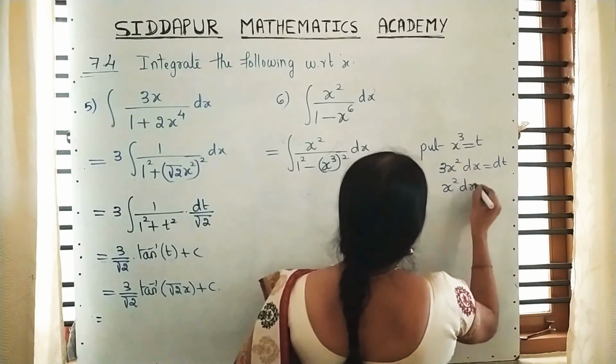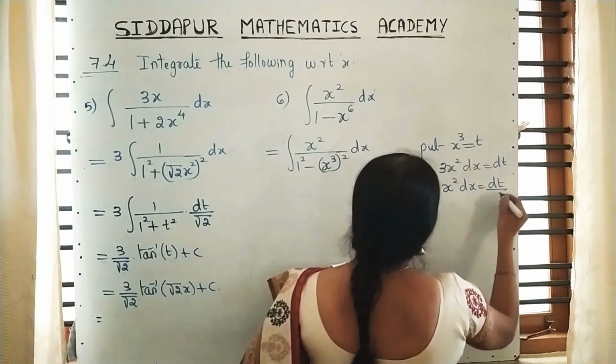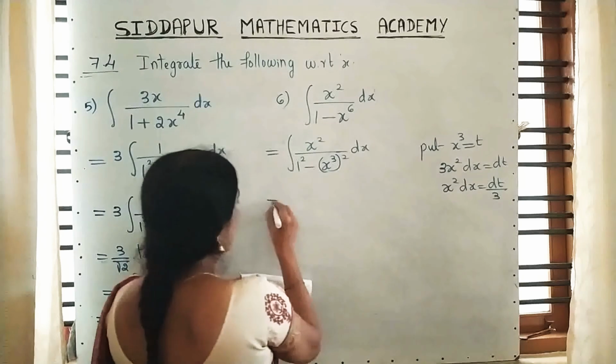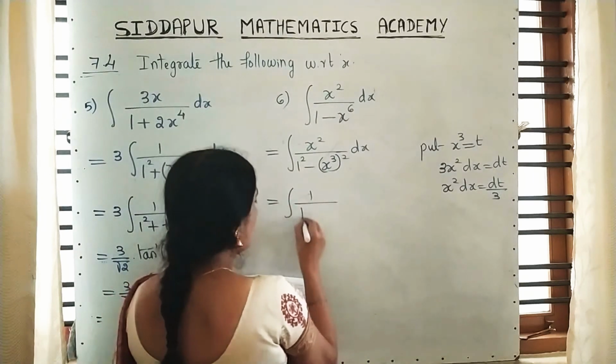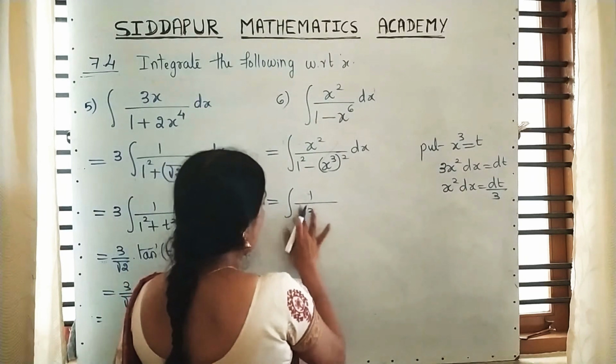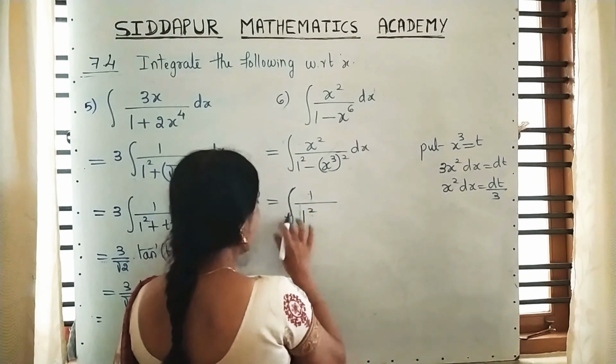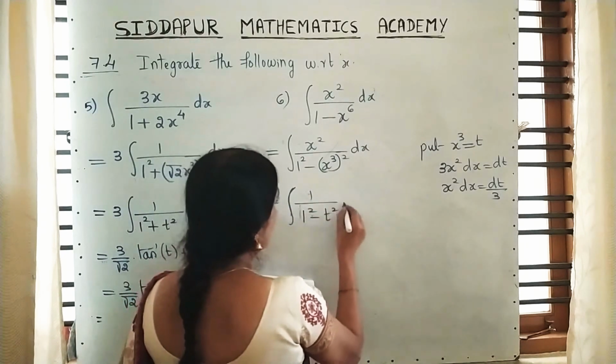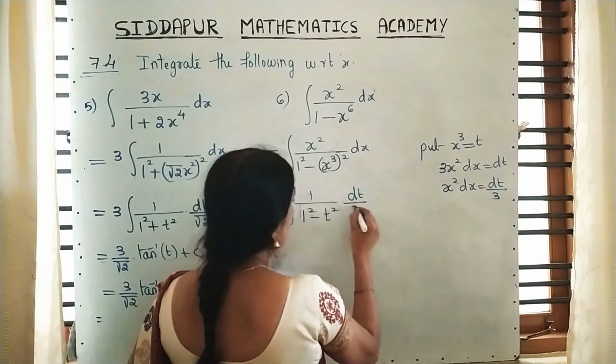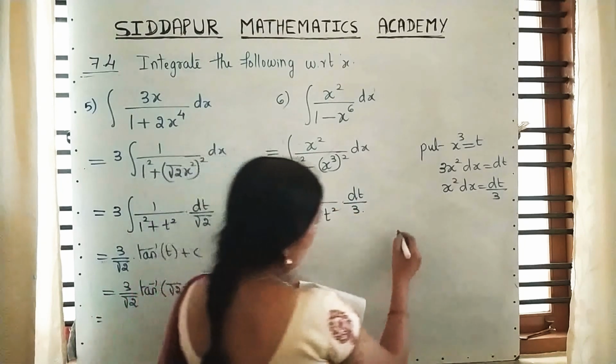X square into dx is dt upon 3. It is 1 upon 1 square minus t square into dt upon 3. Which formula?